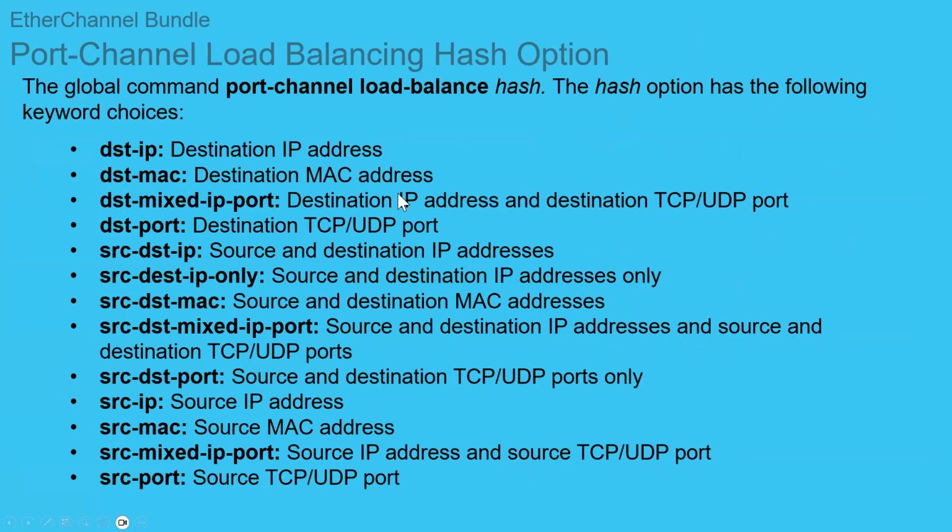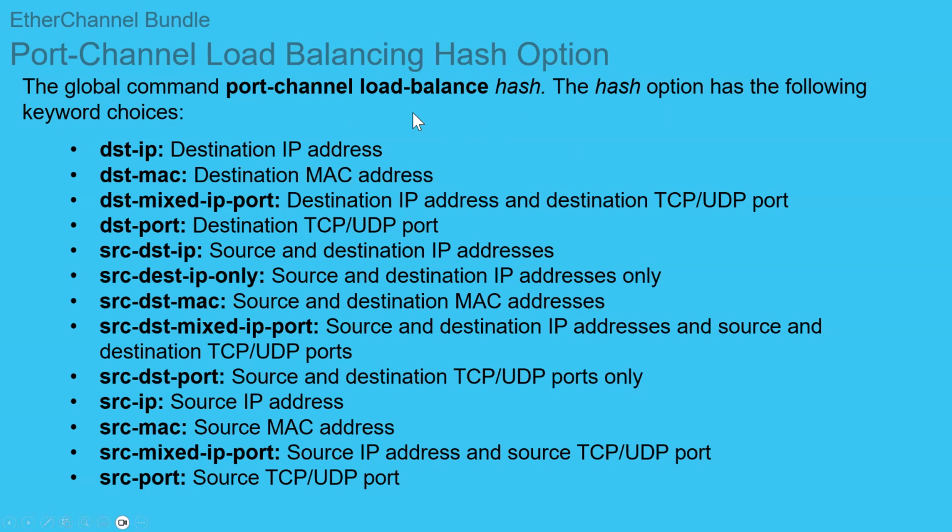Okay. Then finally, you can see that we have the port channel bundling methods, where we can use the load balance method with the port channel. And we have methods where we can use the destination IP, destination MAC, destination IP and port, destination port, and all those options, and you can bundle it.